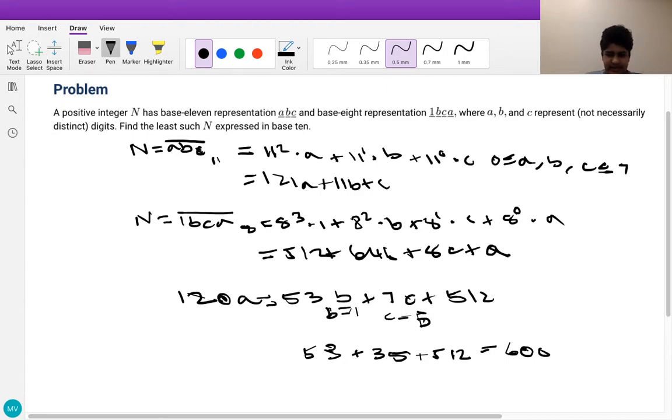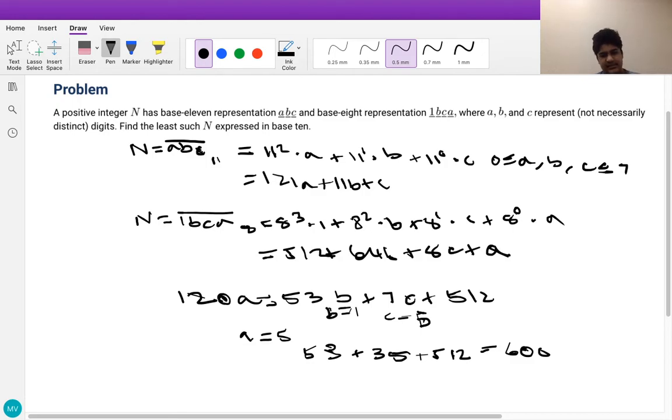If that's the case, then we know that A is equal to 5. And we know that this is the absolute minimum because the coefficient of B, which is 53, is greater than 7, the max value of C, times 7, the coefficient of C. So we have to minimize B in order to minimize A.